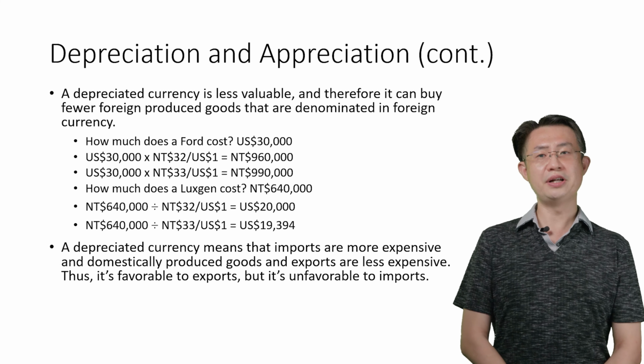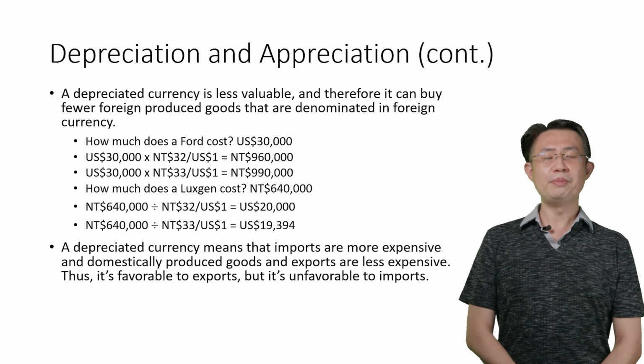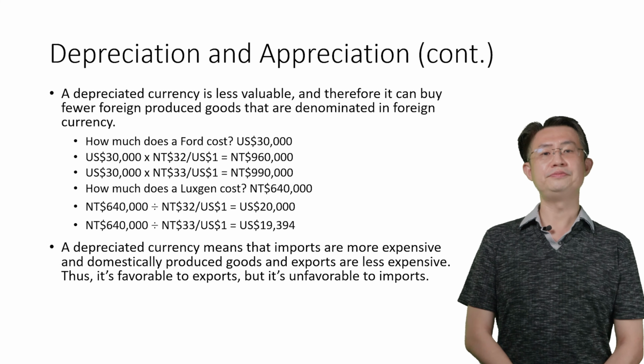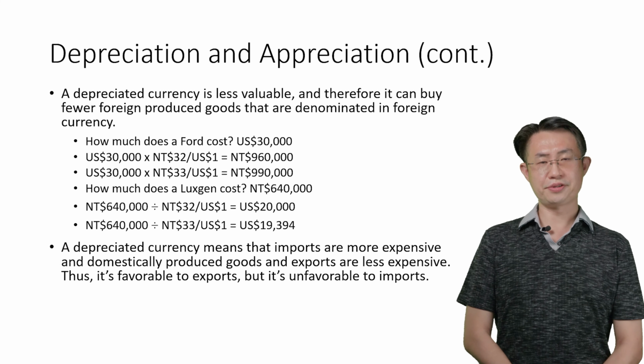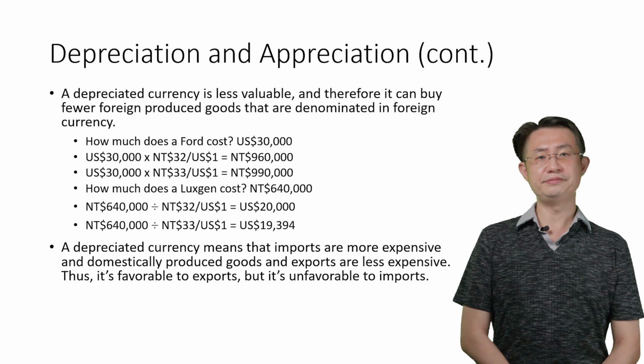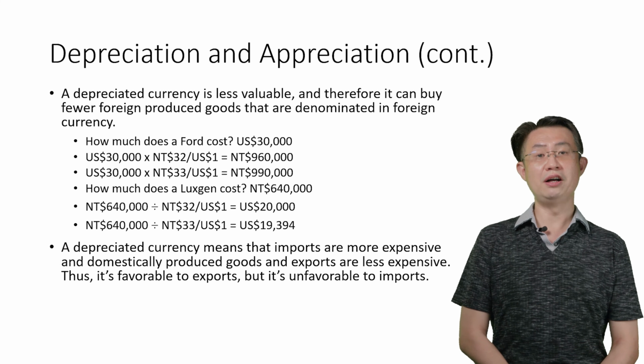From this example, we realize when the domestic currency faces depreciation, it's unfavorable to imports. Why? Because the price of imports will get higher than before, right? And domestic people will have to afford the higher cost of the imports, right?